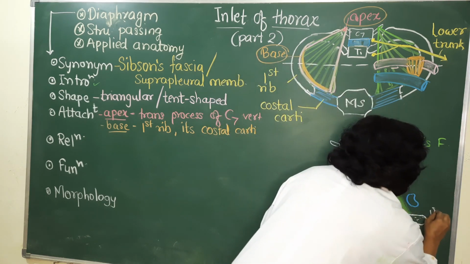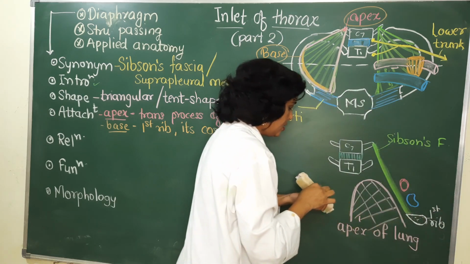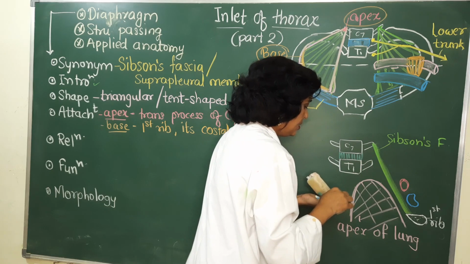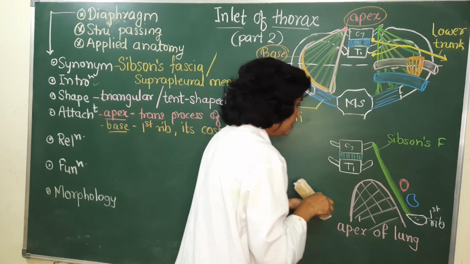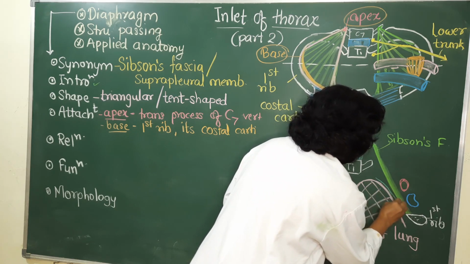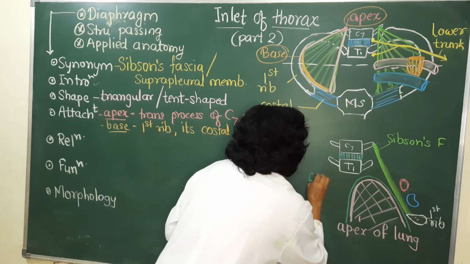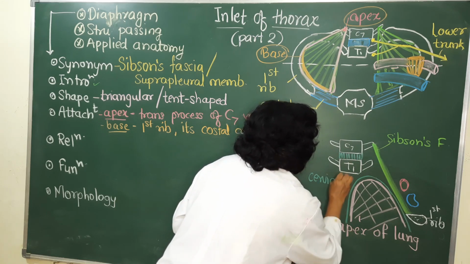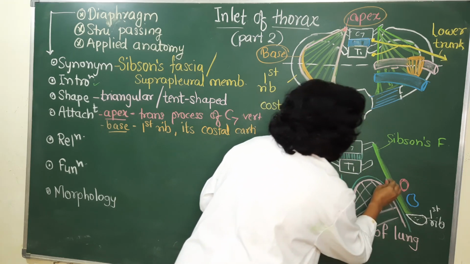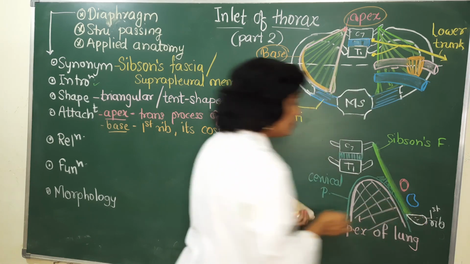You know, this is the first rib. It is covered by the pleura, and this pleura is called the cervical pleura. So here this apex of the lung is covered by the cervical pleura, to which the inferior surface of the Sibson's fascia is almost fused.